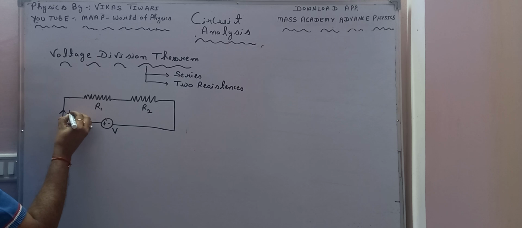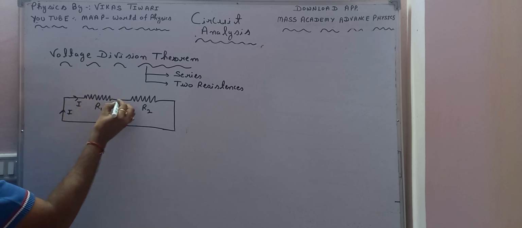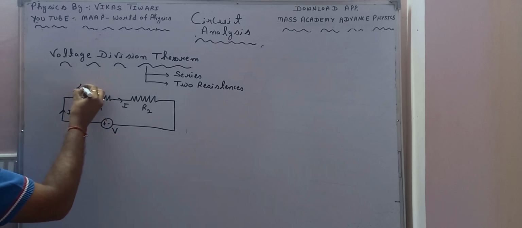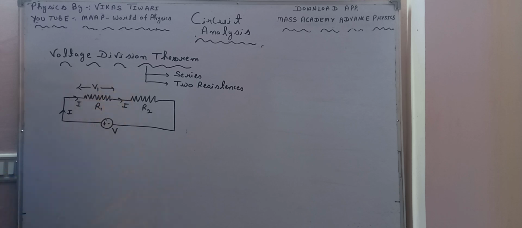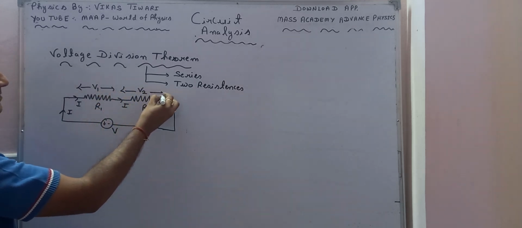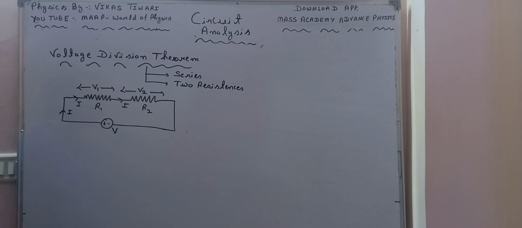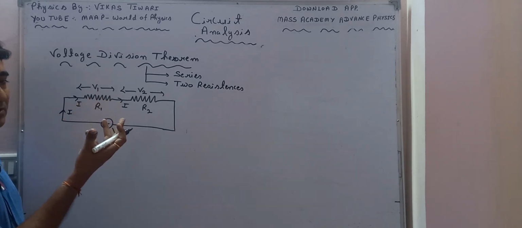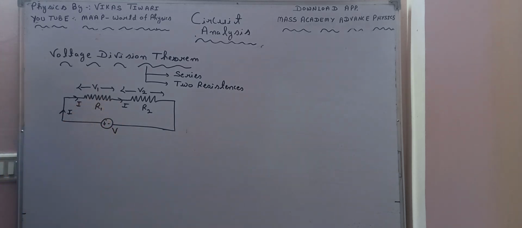The current flowing in both the resistances is I. As we know, a property of series circuits is that the voltage across each resistance is different, but the current in both resistances is the same. This is how we identify series and parallel circuits. In parallel circuits, the current is different in both resistances while the voltage is the same across both.